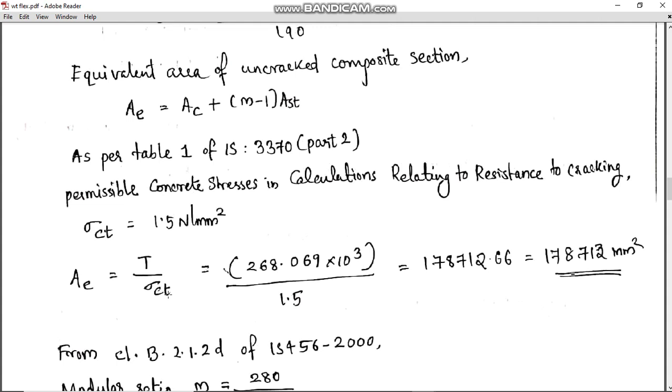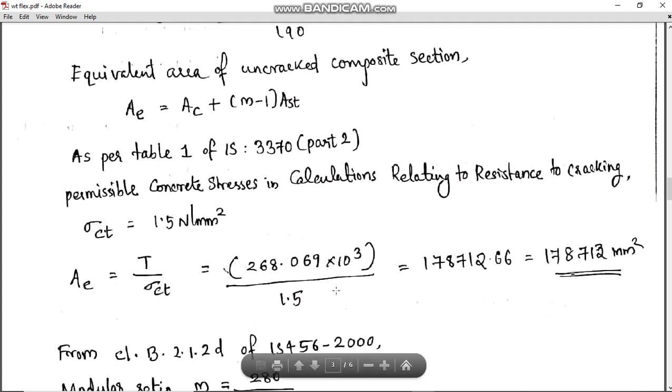So the maximum stress that can be allowed is sigma CT equal to 1.5 Newton per mm square as per the code. So we are calculating the equivalent area for this permissible stress, that is equivalent area of the composite section is equal to hoop tension divided by permissible stress in concrete.